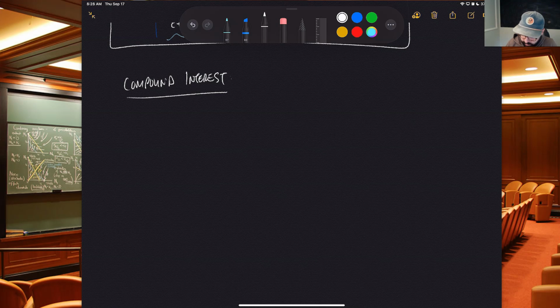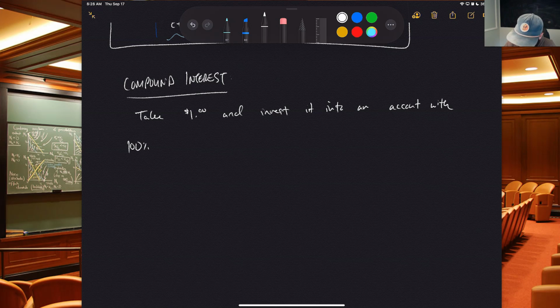And the question was, if I take $1 and invest it into an account with 100% interest, but it's compounded not weekly, not quarterly, not monthly, but we want to leave it in the general form, n times per year. And so if we set this up, how would this look? We'd take $1.